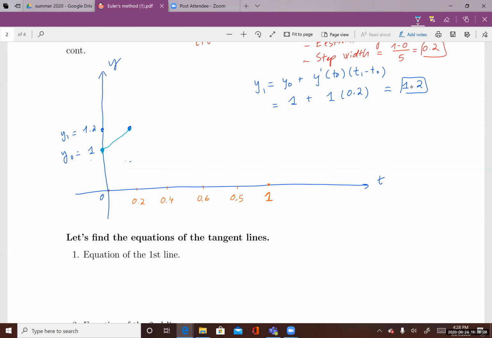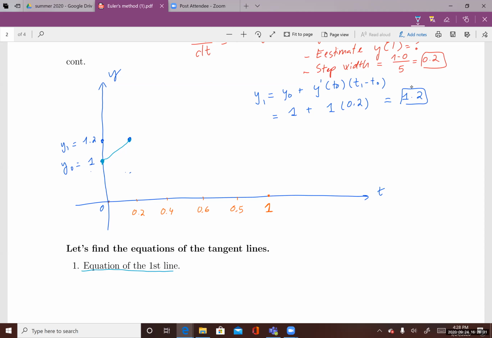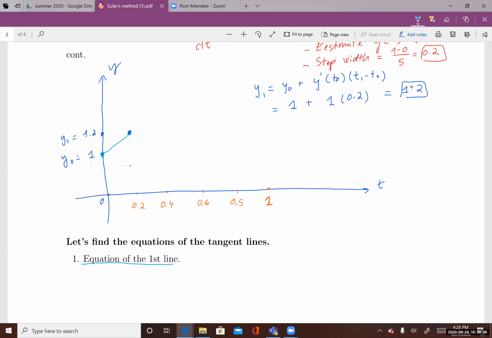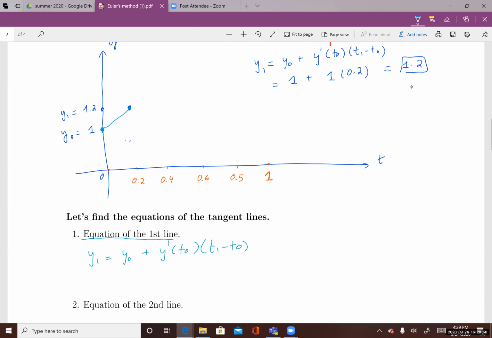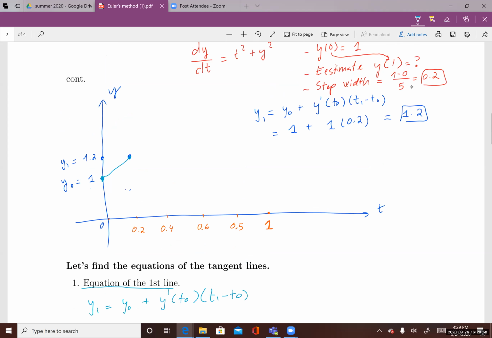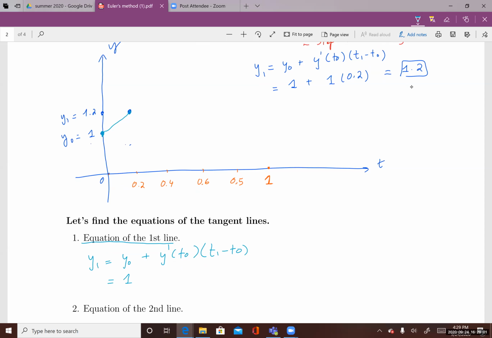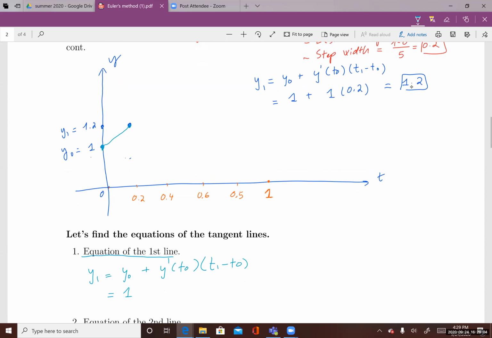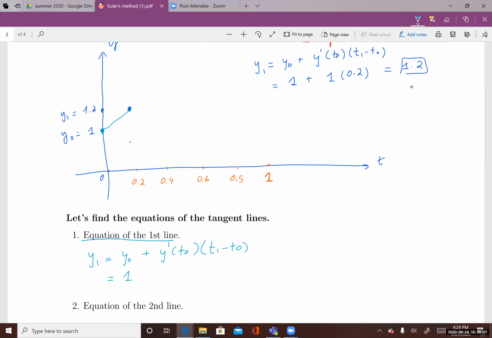Well, I just show it over here how to find the equation of the first line. The equation of this line is actually this equation here. So you will have y1 equals y0 plus y prime of t0, right? t1 minus t0. And then you have y0, which in this case is 1. And y prime is t squared plus y squared, and I found that it's just going to be 1.